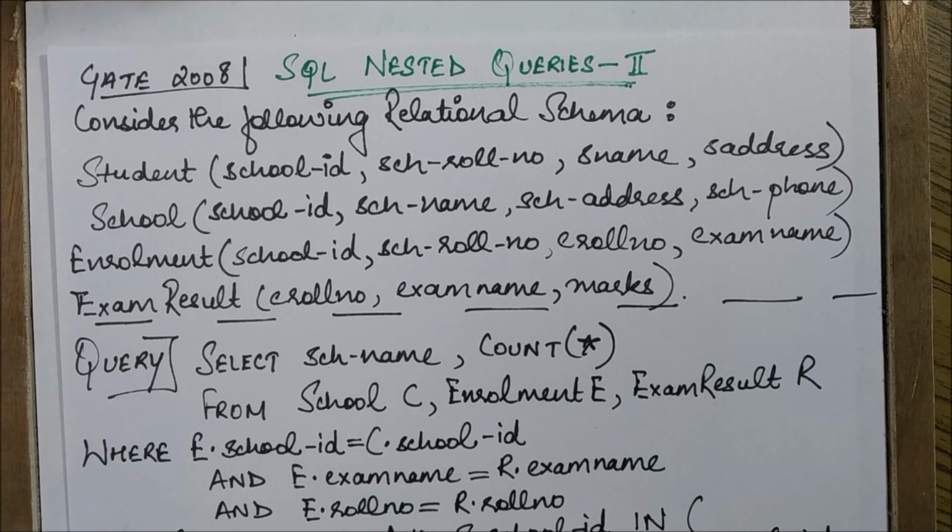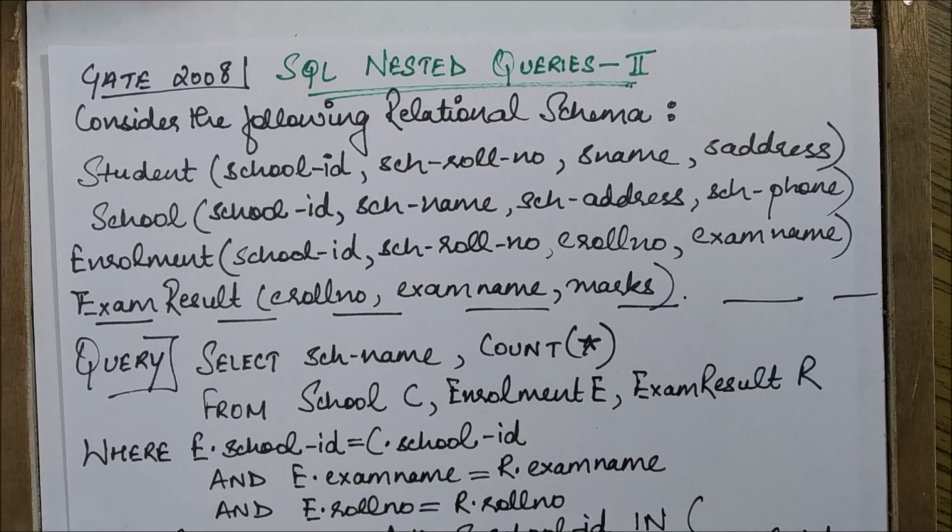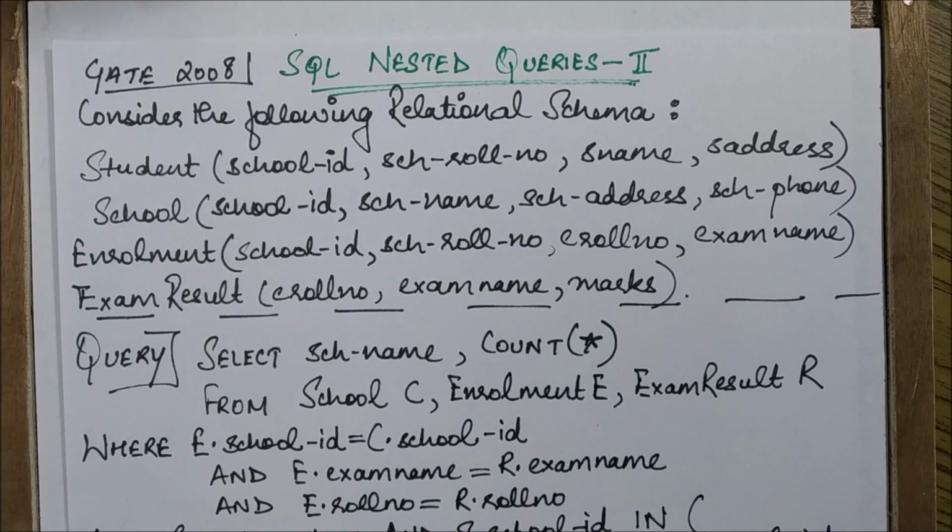It says select school ID from student, group by school ID having count star more than 200. So it is going to group all the students on the basis of their school IDs, and then it is going to count the elements in each of the groups, and check if the count is more than 200. Now just think about what that group of elements will represent. Obviously it is a student schema, so it is going to represent the information about students, the S name, S address, and so on, right?